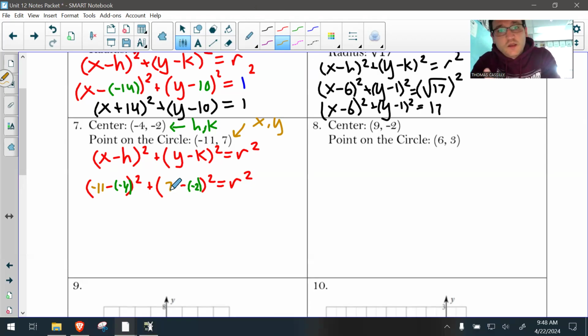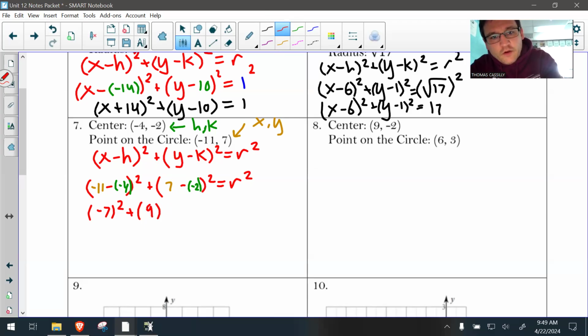Do it by hand, plug it into your calculator, whatever you want to do. If we do it by hand, let's just think -11 minus -4. So it's really a +4. -11 plus 4 gives us -7. So it's -7 squared plus, on the next one, 7 minus -2. That's going to be 7 plus 2 gives us 9.